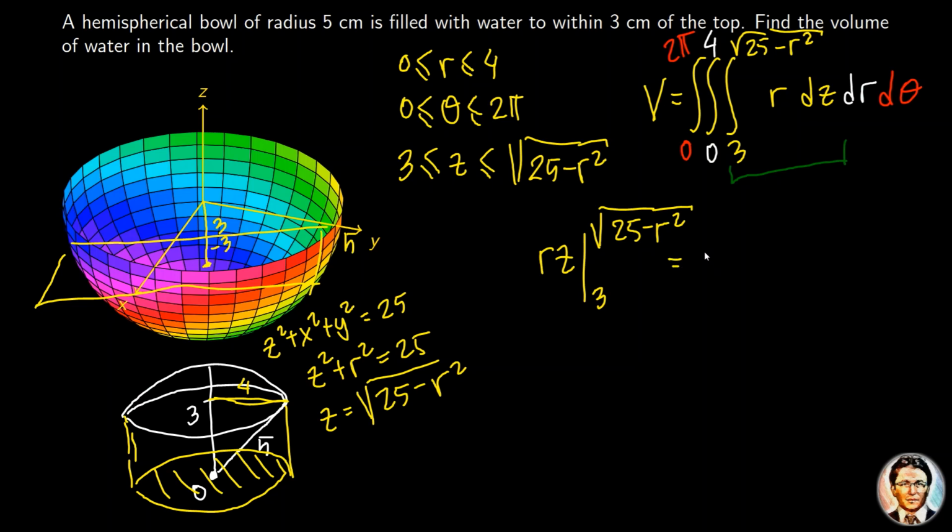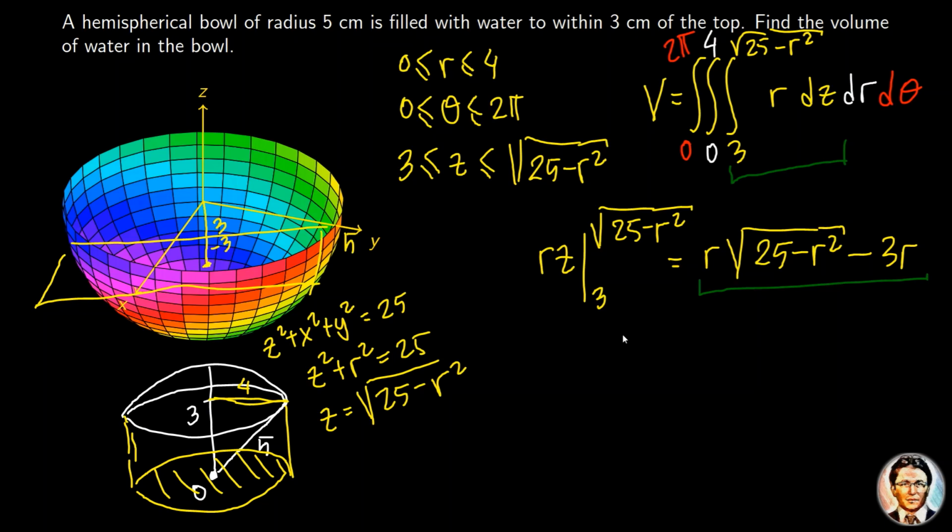So we get r times square root of 25 minus r squared, minus 3r, right? So this is the result of the innermost integral.